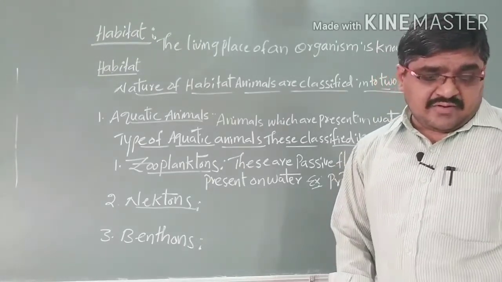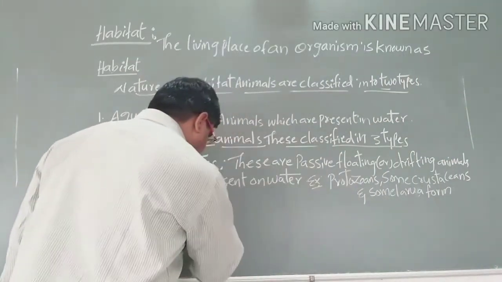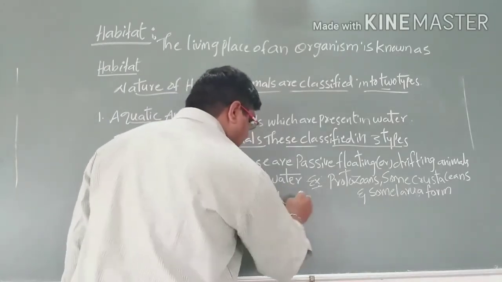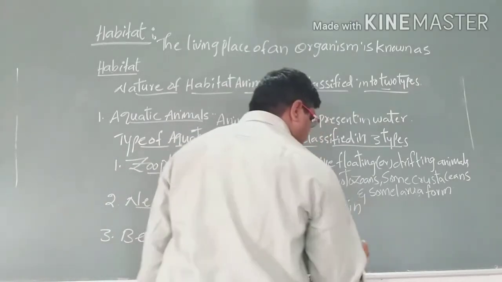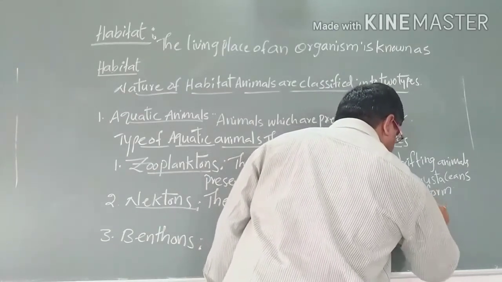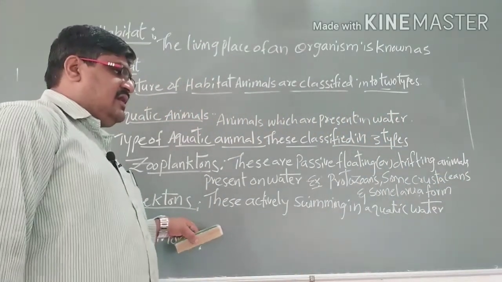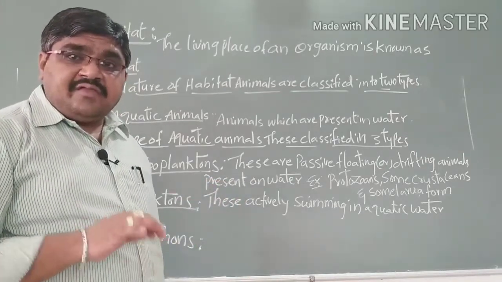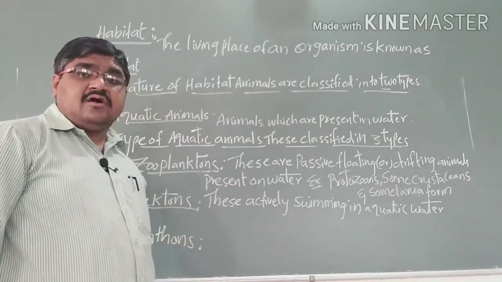They are free, actively swimming aquatic organisms. Such organisms, which are actively swimming in the aquatic water, that is on the surface of the water, are called nectons.